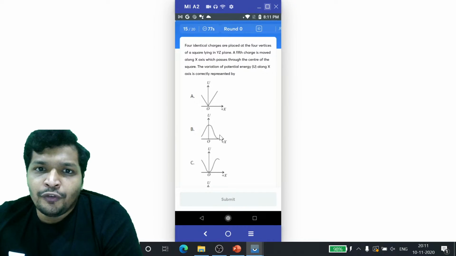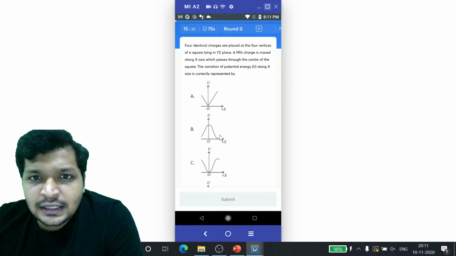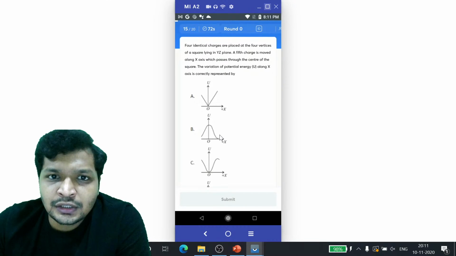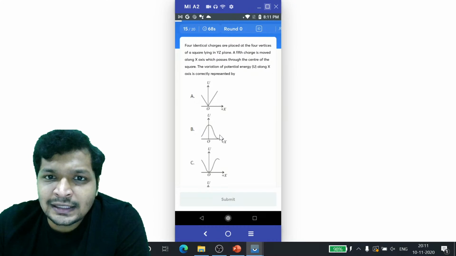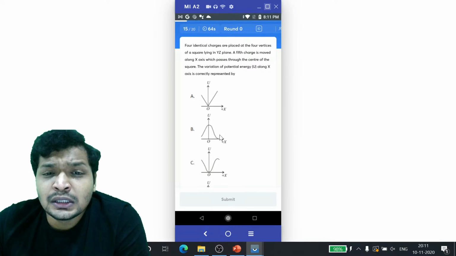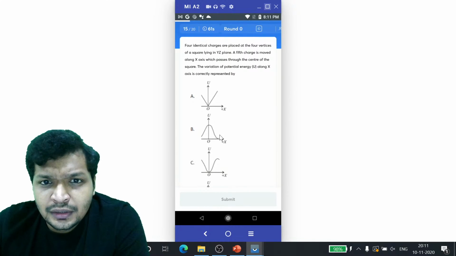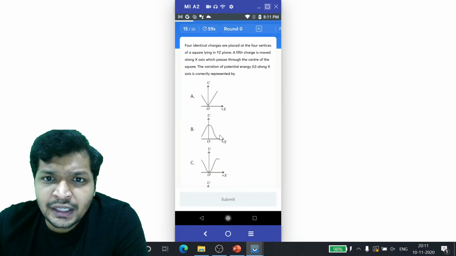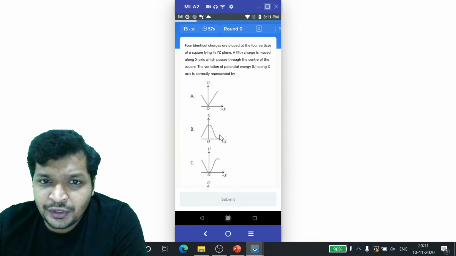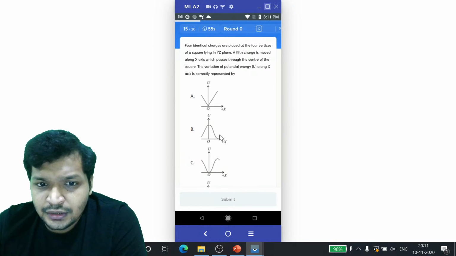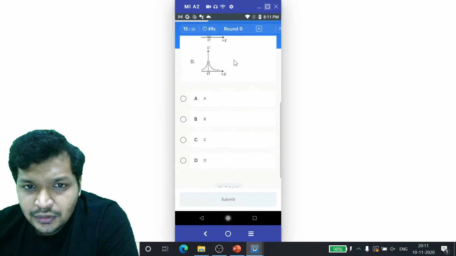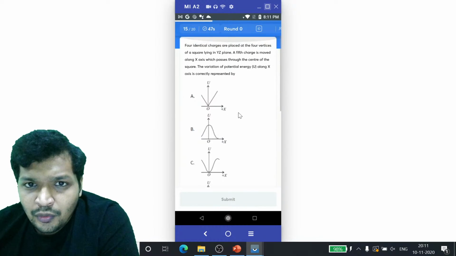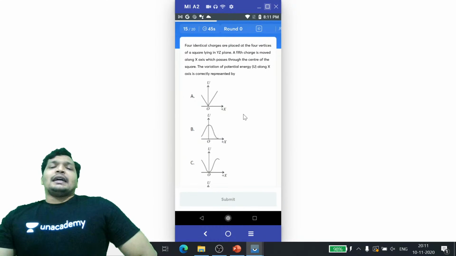Four identical charges are placed at the 4 vertices of a square lying in the YZ plane. A 5th charge is moved along the x-axis, which passes through the center of the square. The variation in potential energy along x is going to look like how? What is potential at a point x?